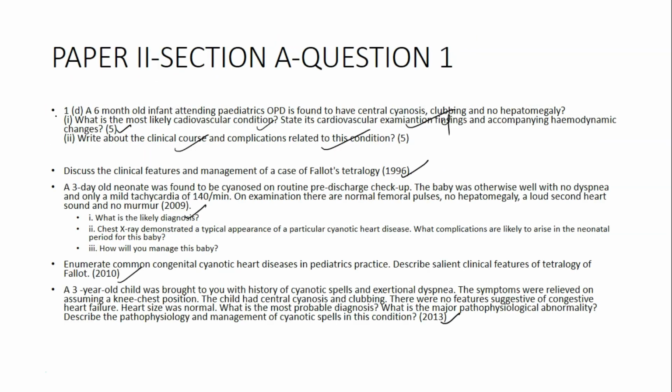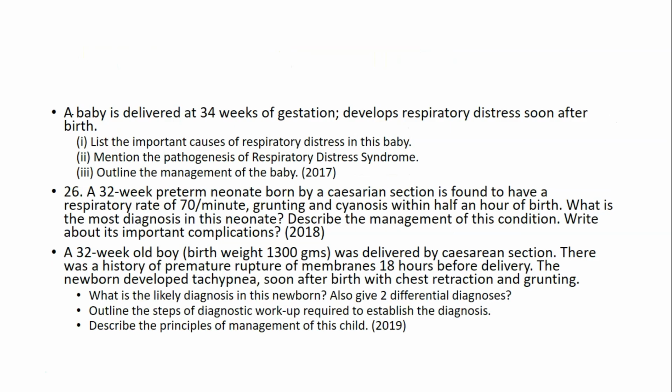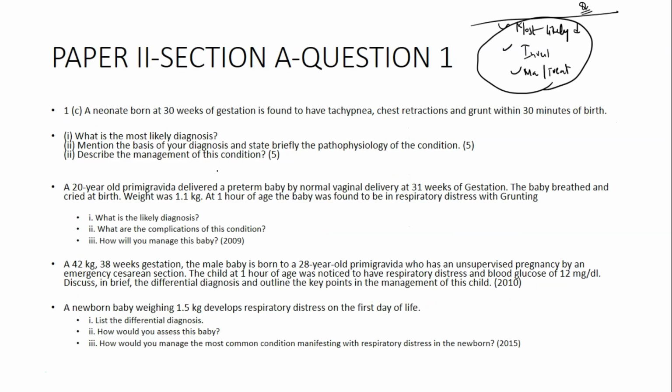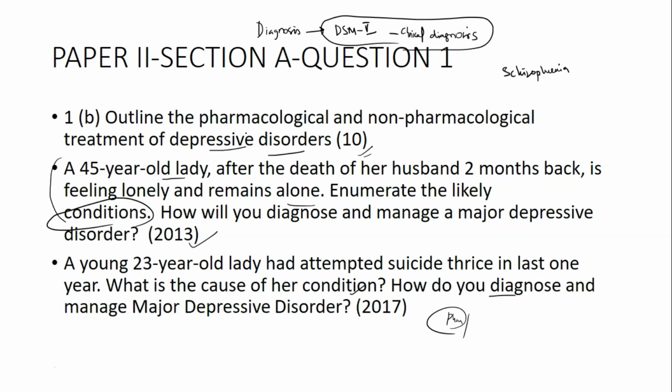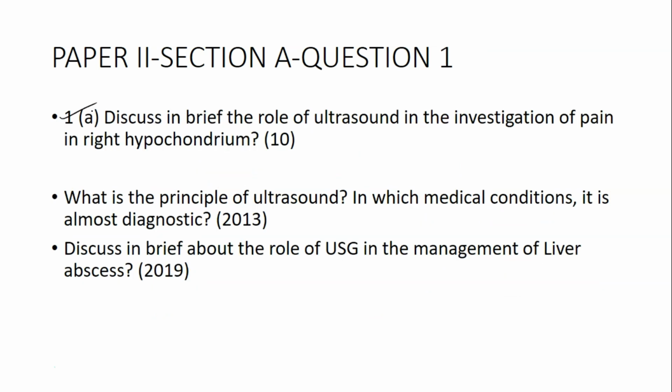The other two questions are very important from pediatrics, cyanotic and all. And from the medicine aspect, psychiatry has come, and also the medical imaging part. So question number 1 is a must. Instead of asking a direct question from general medicine, they are stressing that you need to study it, because you might ignore medical imaging and psychiatry thinking that only 5 marks or 10 marks will come, but they made it mandatory by giving it in question number 1, which is a mandatory question.